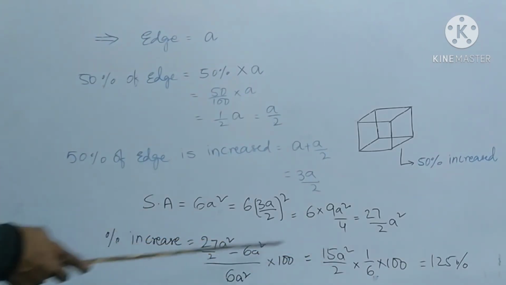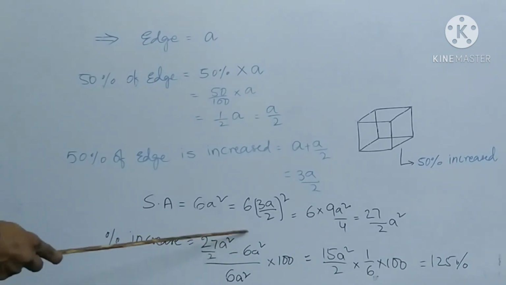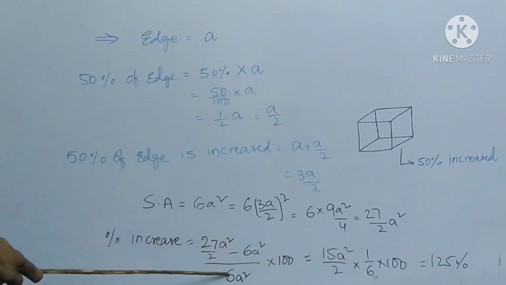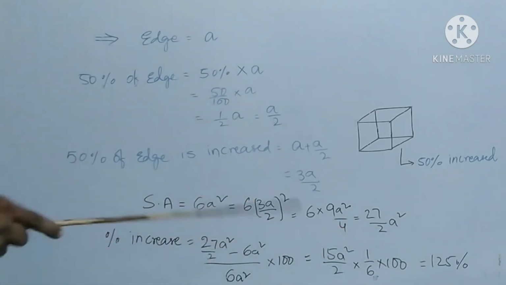So the result is 15a square/2 into 1/6 into 100, which is 125%. So when the edge is increased by 50%, the surface area increases by 125%.